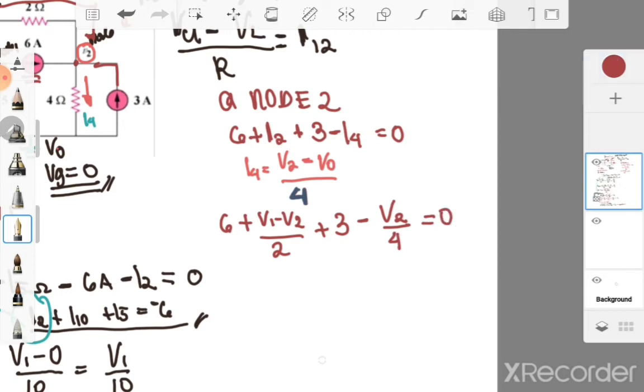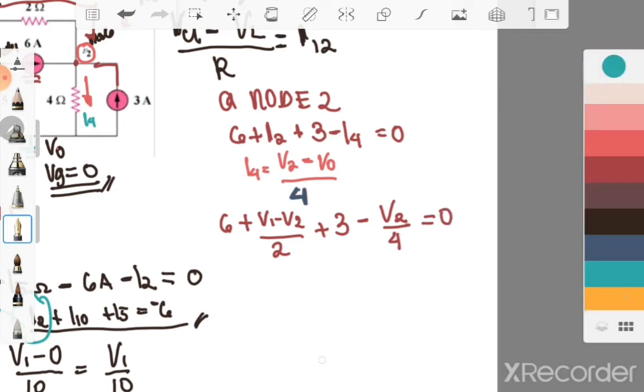Bakit siya naging V2 over 4 na lang, sir? So, balik ka sa sinabi ko kanina. The theory is that V2 minus V sub O, since it is on the ground, therefore V sub O is equal to Vg is equal to 0. Okay. In other problems, hindi lahat ng VO mo is equal to 0. Sometimes yun lang yung indication ng unknown.